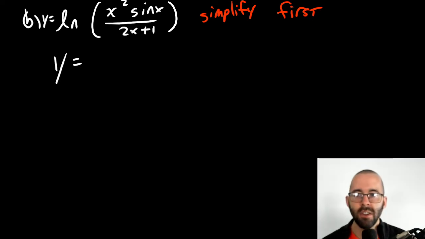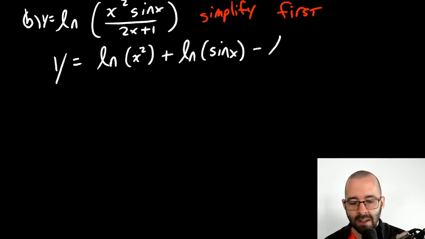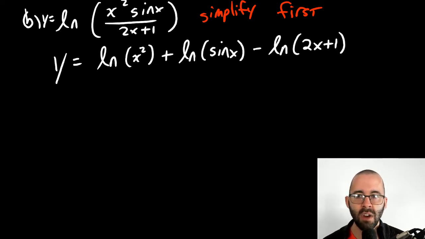If I have a logarithm of a product or a quotient, we can break that up into individual logarithms. This is the natural log of x squared plus the natural log of sine of x minus the natural log of the denominator. When you have a fraction, you can just add everything that's multiplied and subtract everything that's on the bottom. Properties of logarithms.